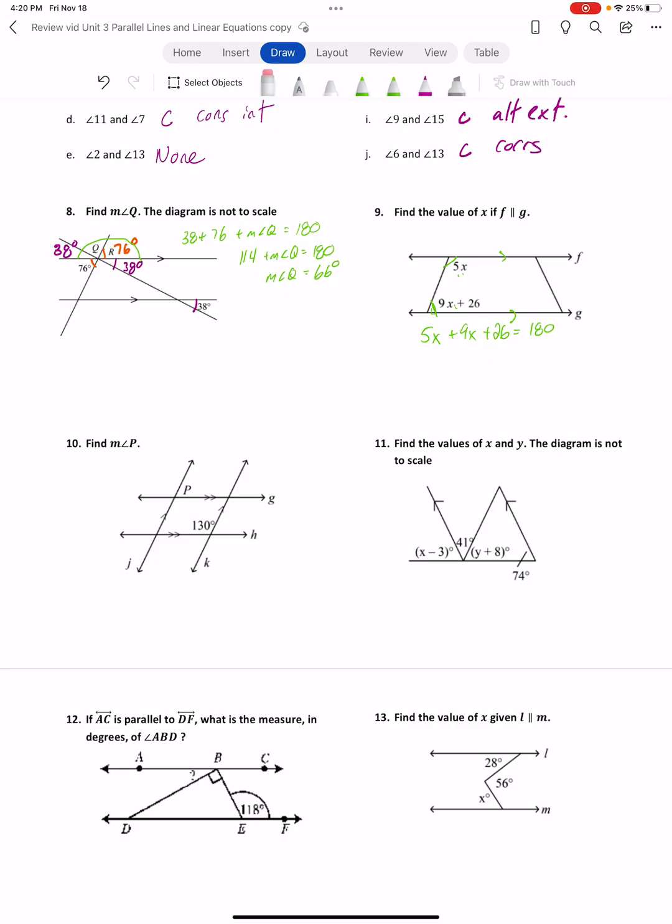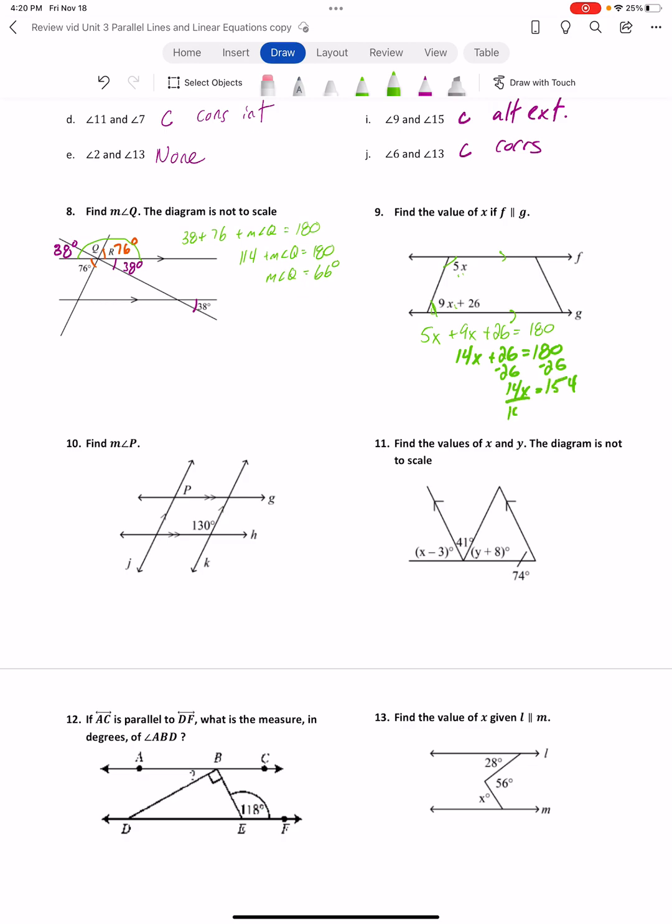First, this is going to be 14x plus 26 is equal to 180. 14x is equal to 154.